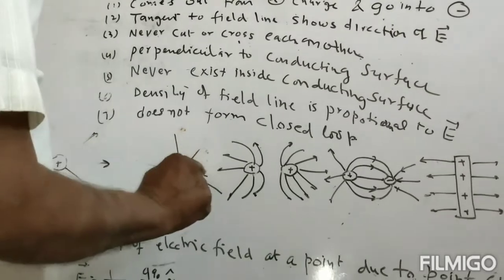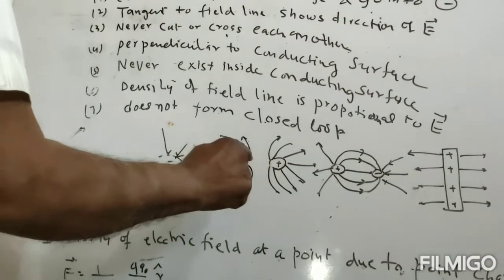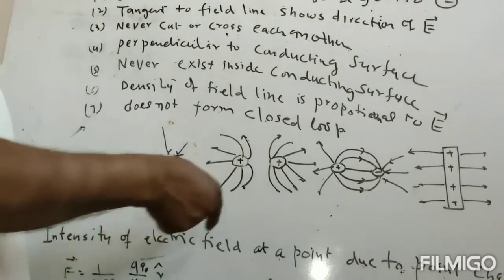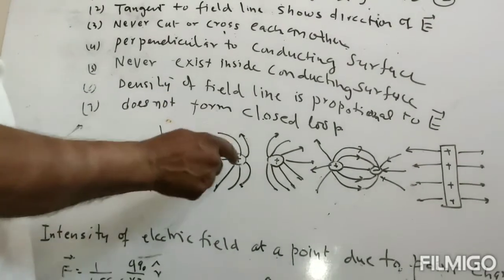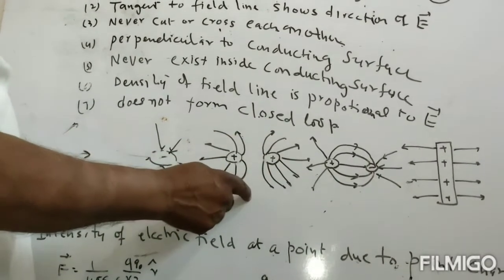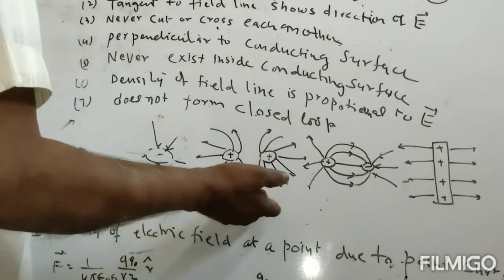If two positive charges are placed near each other, then the electrical field lines in between them are repelled and curvatures will be there, as shown in the diagram.